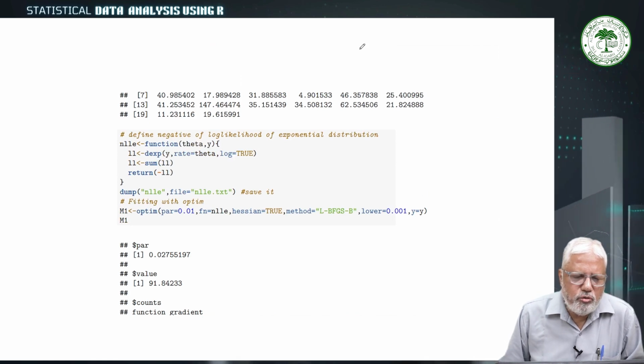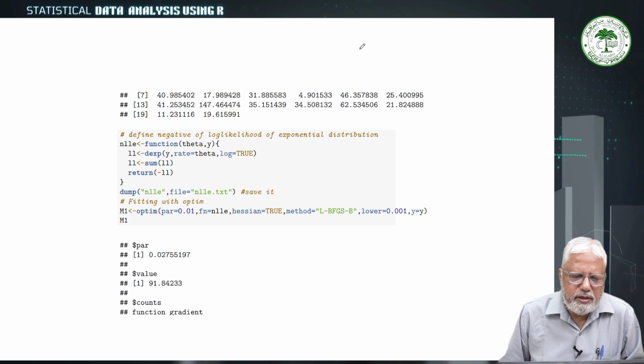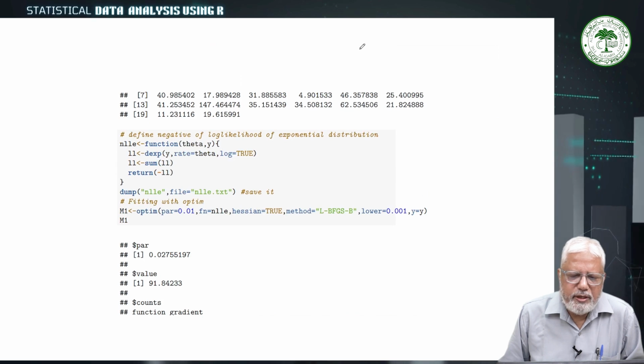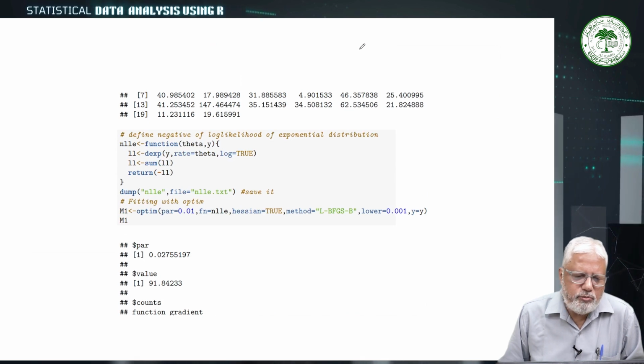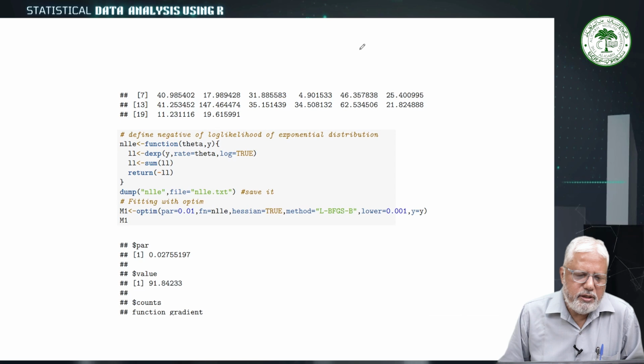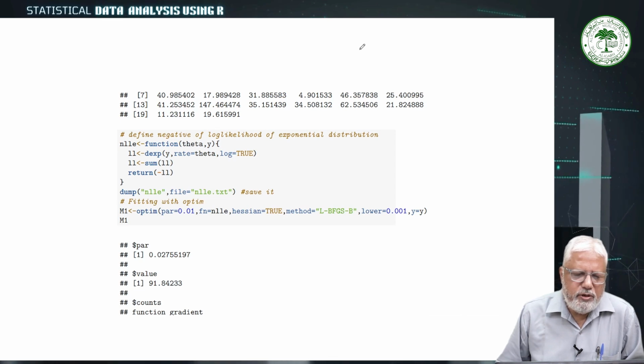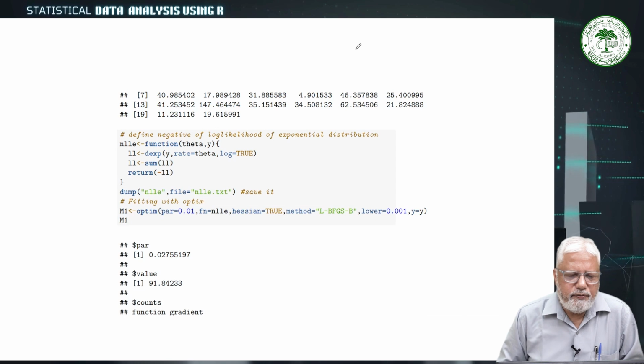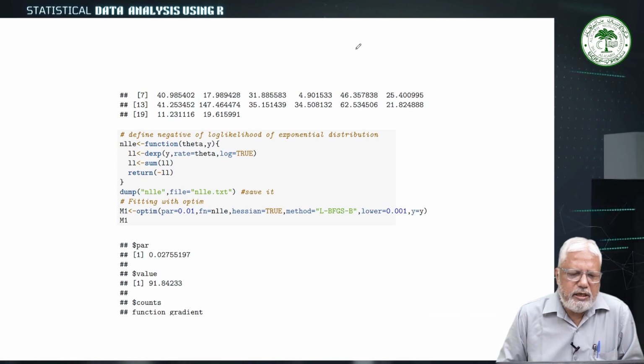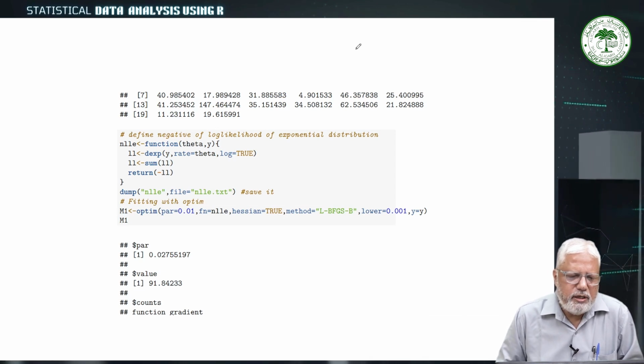Then we are going to define a function, the negative of the log likelihood of the exponential distribution, NLLE, with the first argument of the function being theta, and another one being y, that is the data.